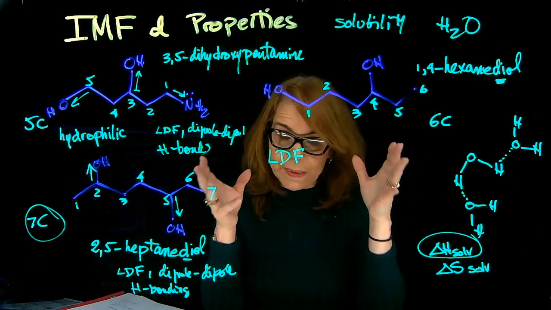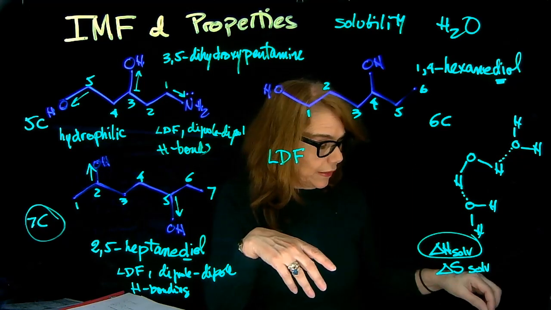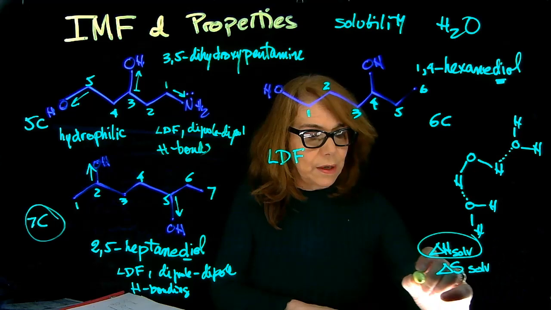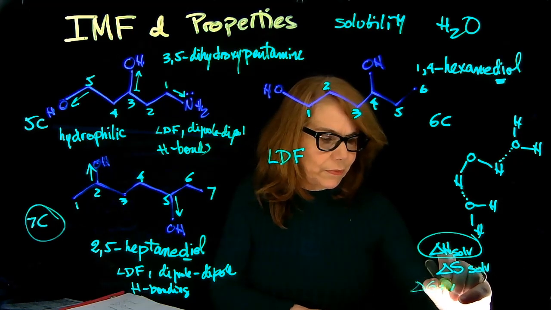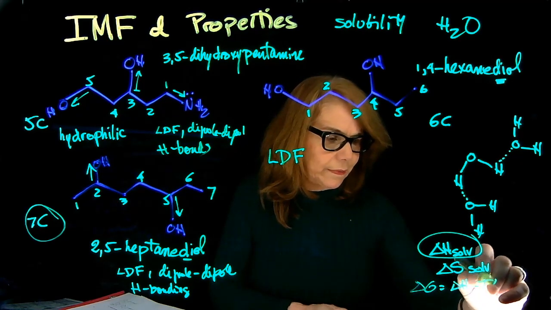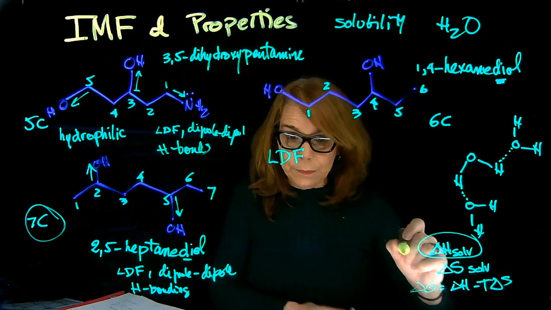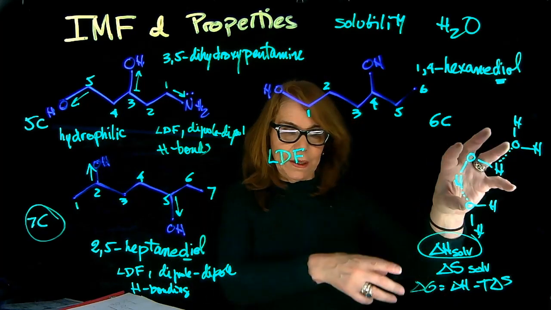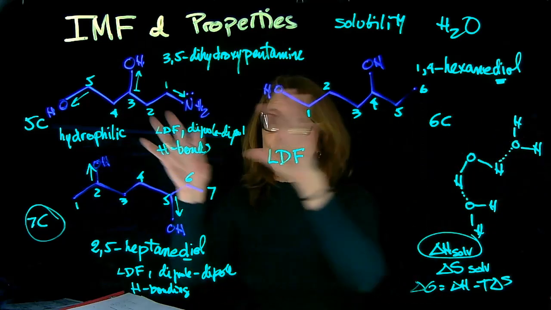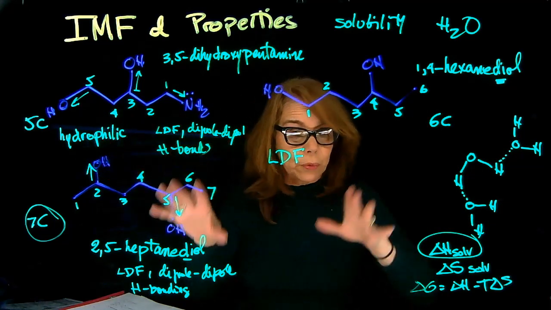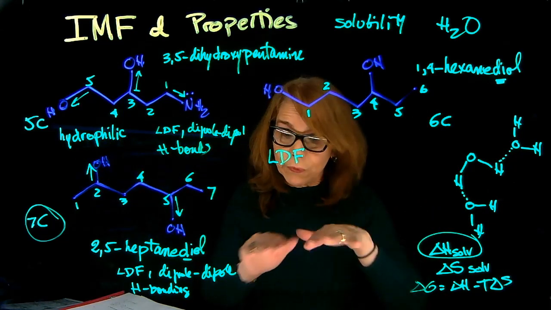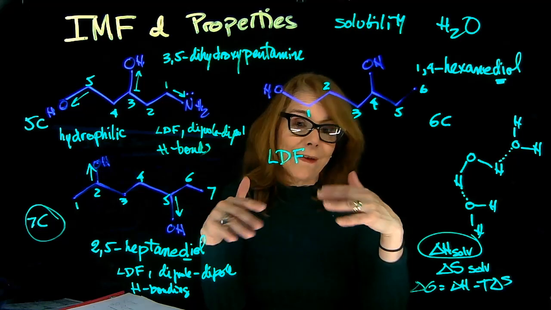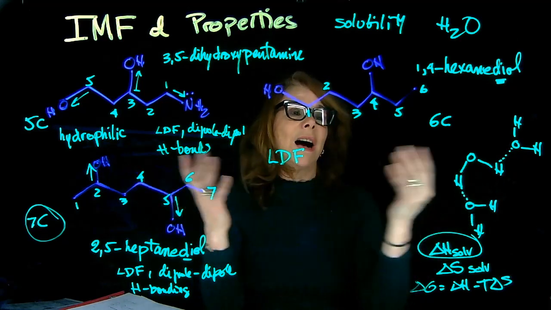But our main contribution to the delta G of solvation, so delta H minus T delta S, will be the enthalpy term. We need to think about replacing these interactions that were in the liquid with new interactions that should be equivalent, so that in the end I have about the same type of interaction.